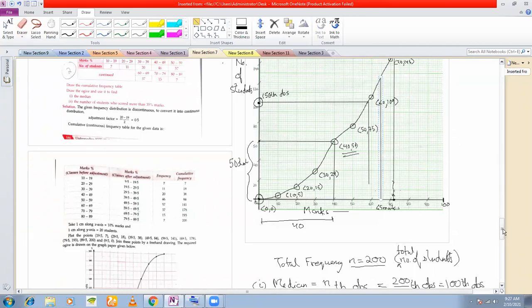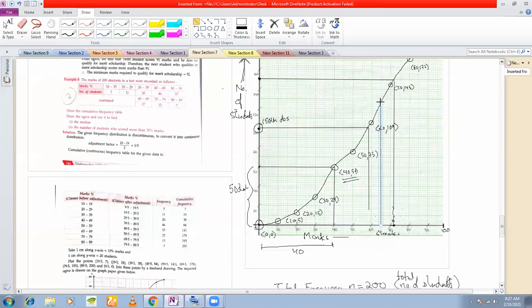Now again, from the point where this intersects the curve, we are going to draw a perpendicular on the y-axis. So this is our point here. As I told you, this is a less than type cumulative frequency, so this should be the number of students who have got less than 65 marks.